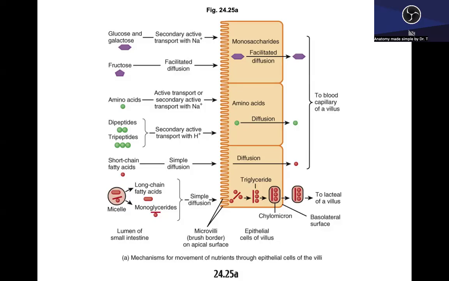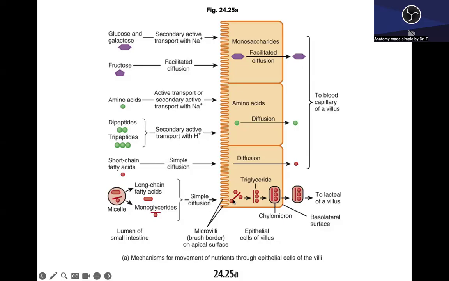And that is, of course, why we need to add bile in order to see complete absorption of lipid molecules. So micelles, whether they contain longer chain fatty acids or monoglycerides, are still fully compatible, and they simply diffuse into a cell across the microvilli brush border.